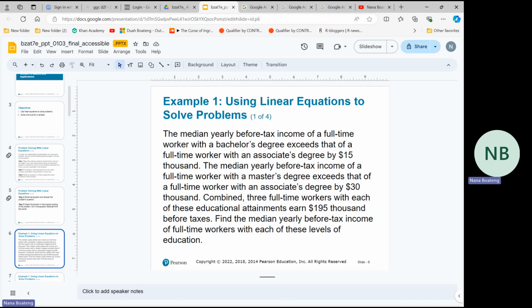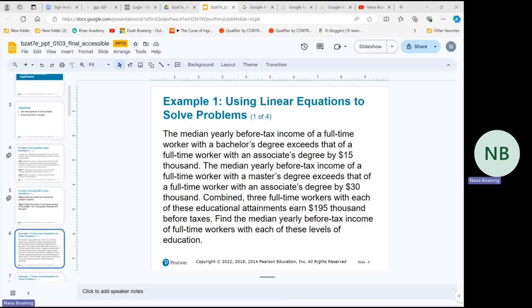The median yearly before tax income of a full-time worker with a master's degree exceeds that of a full-time worker with an associate's degree by $30,000. Combined, three full-time workers, each with one of these educational attainments, earn $195,000 before taxes. Find the median yearly income of full-time workers with each of these levels of education.